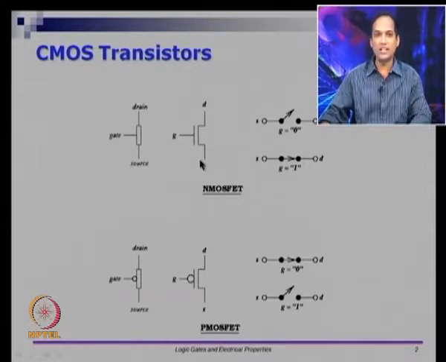As I said earlier, a transistor is a switch. The NMOS type switch has 2 different positions.